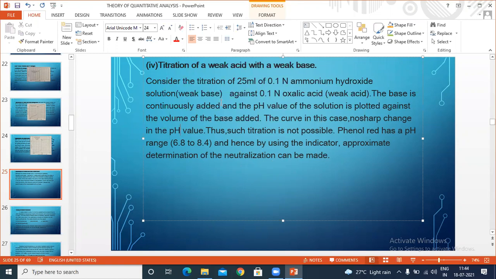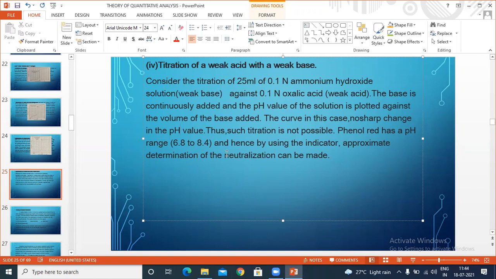So for a weak acid versus weak base, whether it may be ammonium hydroxide versus acetic acid or ammonium hydroxide versus oxalic acid, when we add a base to the acid, we won't observe a sharp peak like what we observe for the remaining three types of titrations.